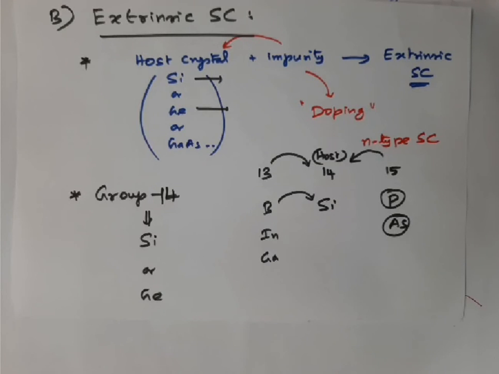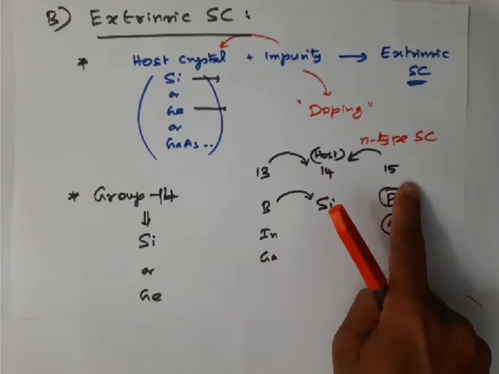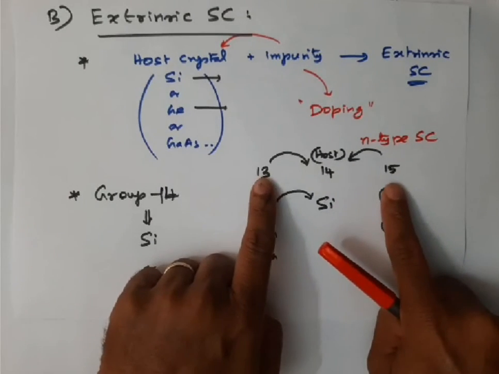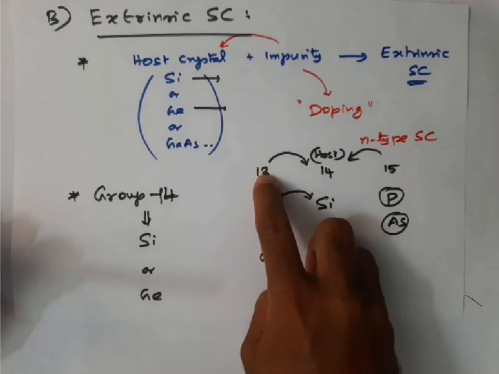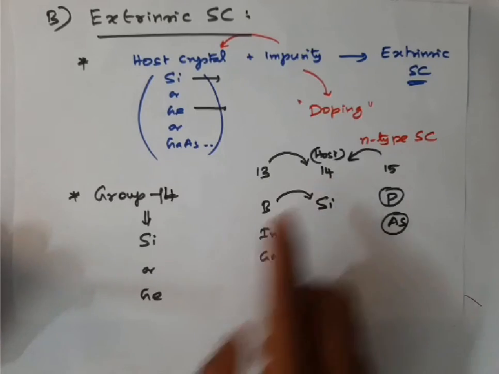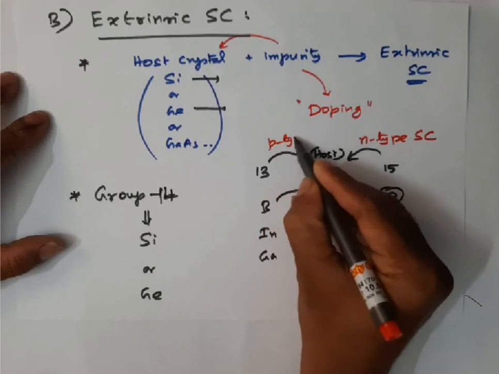Group 13 and group 15 are impurities. Group 14 is the host crystal. So whenever you add a group 13 element as impurity in group 14, you will get what is called a P-type semiconductor.